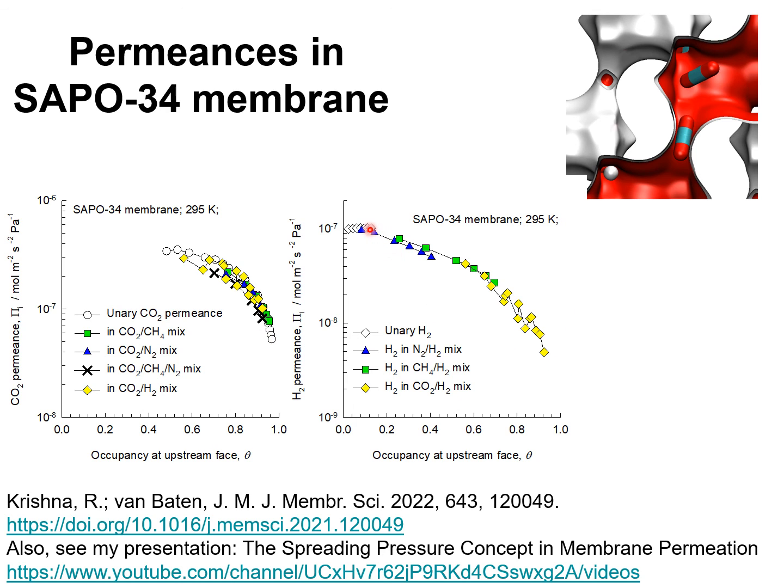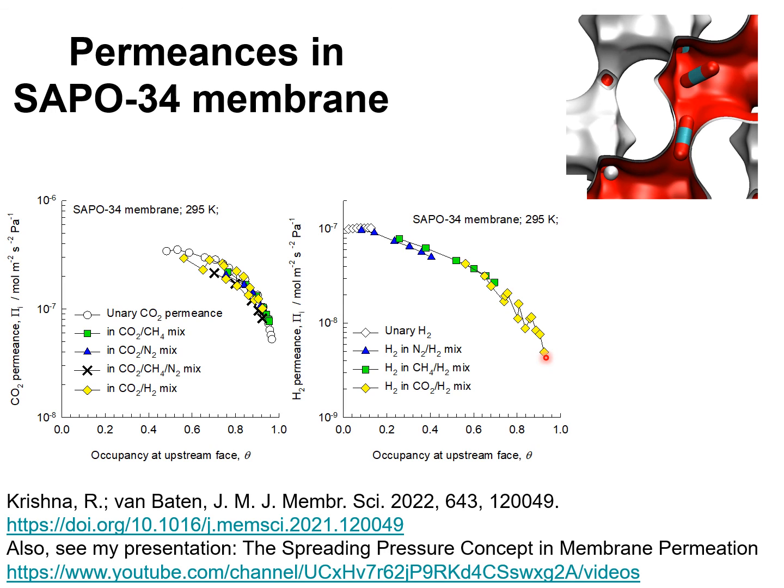This is the data. The open symbols represent the unary permeance of hydrogen, and the blue triangles show the permeance of hydrogen in mixtures with nitrogen. The green squares represent the permeance of hydrogen in mixtures with methane.